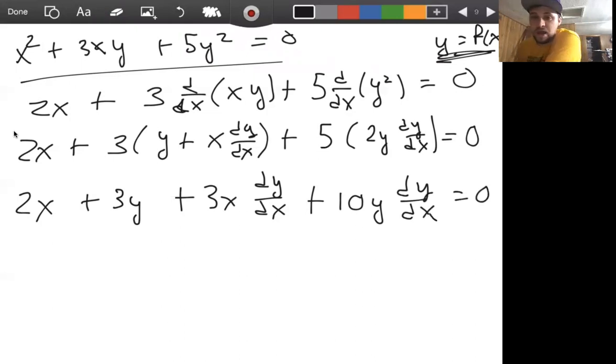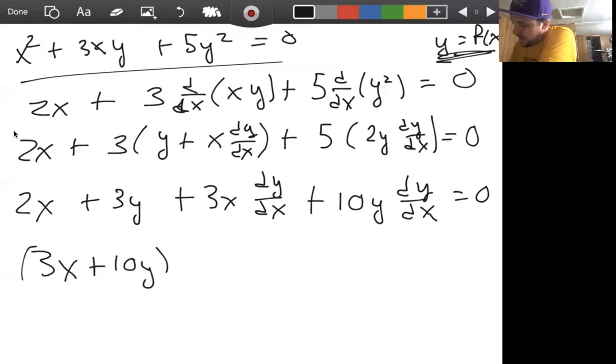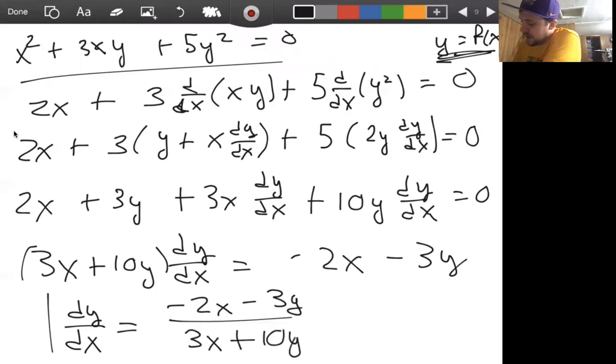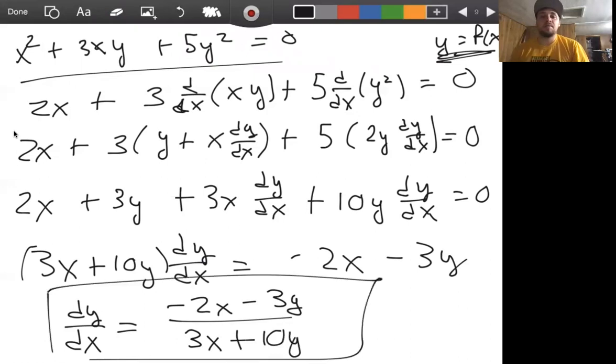And now we can just do some algebra, solve for dy dx. We get 3x plus 10y dy dx equals negative 2x minus 3y. So dy dx is negative 2x minus 3y all over 3x plus 10y, right? And here's an expression for dy dx. But again, it's implicit differentiation because our derivative is in terms of x and y, right?